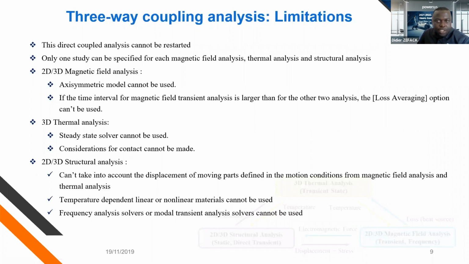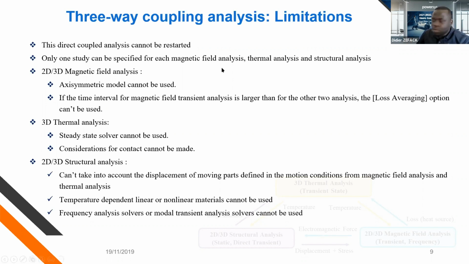Regarding the advantages and limitations, so for limitations, we cannot restart the three-way coupling. So only one study can be specified for each solver. So for example, you cannot combine two magnetic with two thermal with two structural.